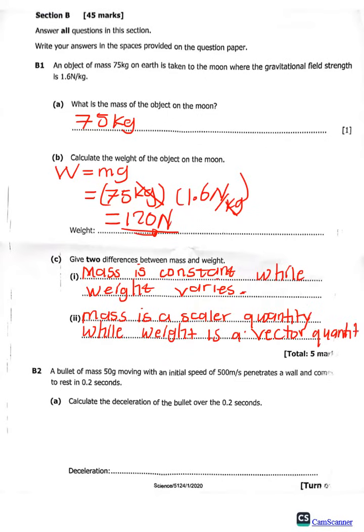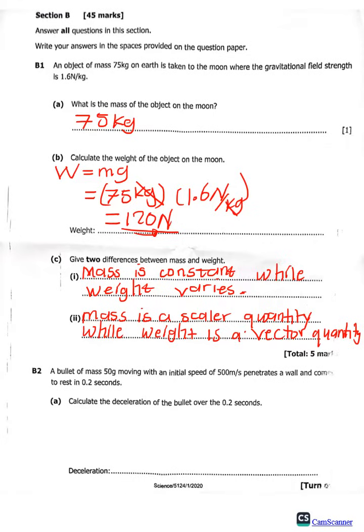So we know that the same object with a mass of 75 kg, if we say it has a mass of 75 kg, that is only the magnitude. It's not showing us the direction. We can't say 75 kg east or west. That doesn't make sense. So mass is a scalar.